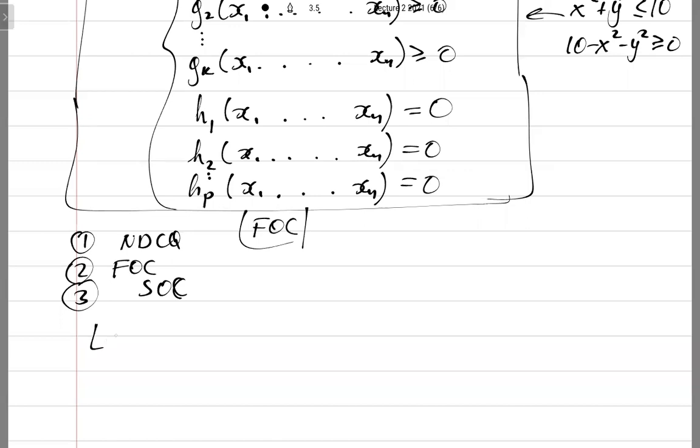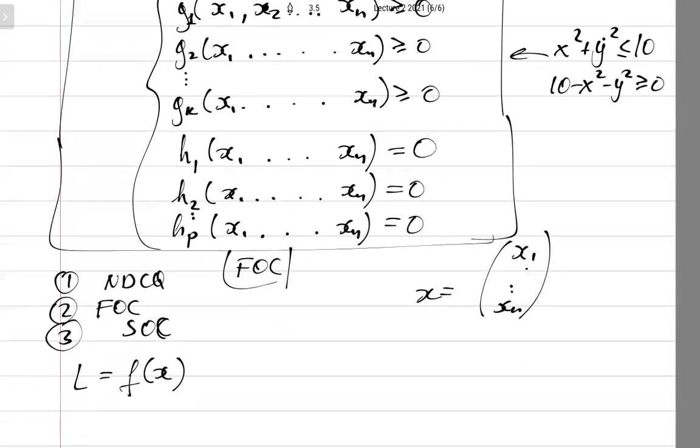So we build a Lagrangian function in which we include our f of x. Let me write x as x1 to xn. It will be a vector. We know linear algebra, so that should not be a problem.